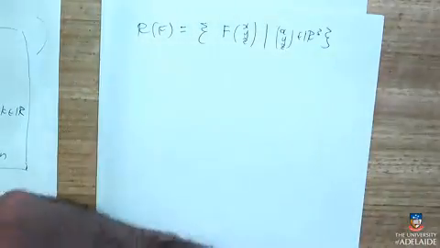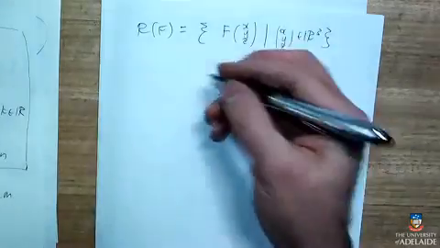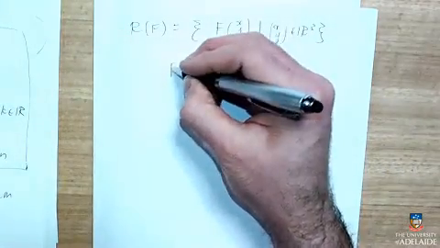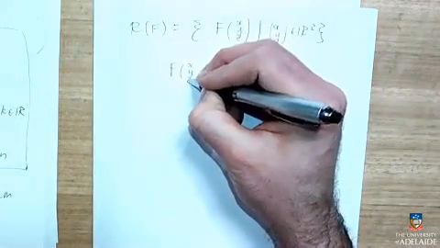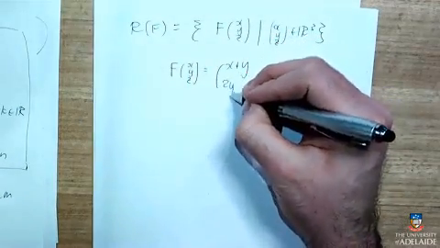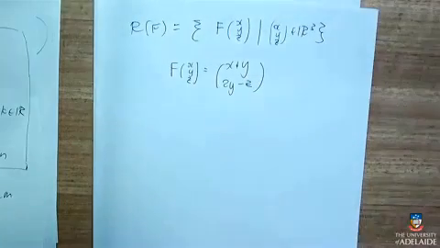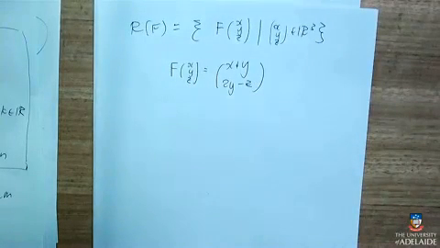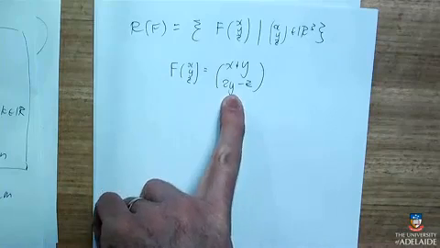So that means I need to find all of these things. So we're going to have a look at f of x, y, z. And it's x plus y, 2y minus z. And I know that if I cover all the possible x, y's and z's, this covers the entire range.